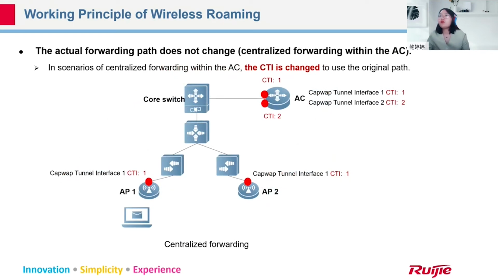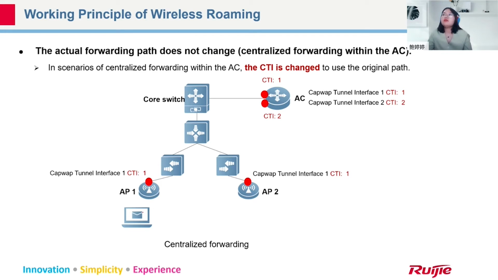But the centralized forwarding is a little complex because we need to send the message to the AC first, and then the AC will help us forward the traffic out. In this process, we will use the value of the CTI to indicate different tunnels with different APs. Like in this scenario, about the AC, we have CTI 2 to establish the tunnel with AP2, and CTI 1 to establish the tunnel with AP1.